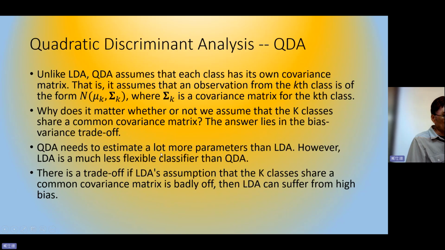So this is about linear discriminant analysis. And also, just like I mentioned, we have quadratic discriminant analysis, because we may have a decision boundary which is non-linear. If that's the case, then we need to use quadratic discriminant analysis.